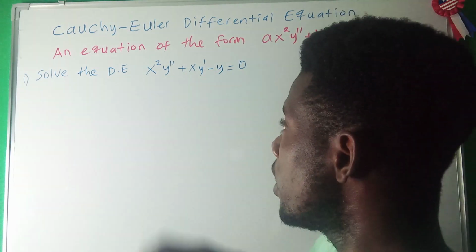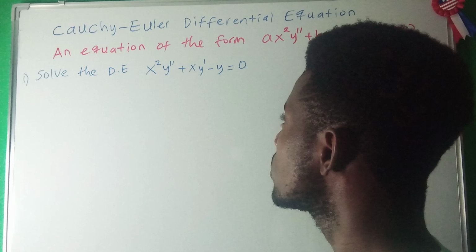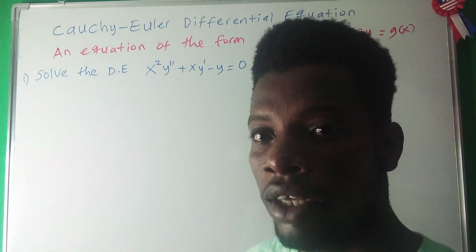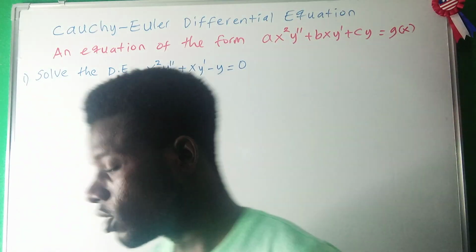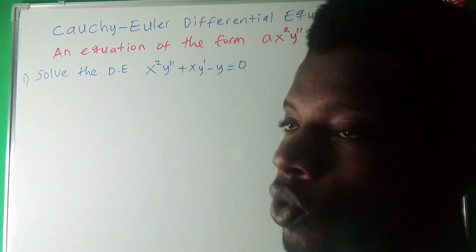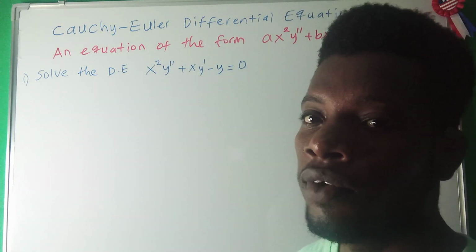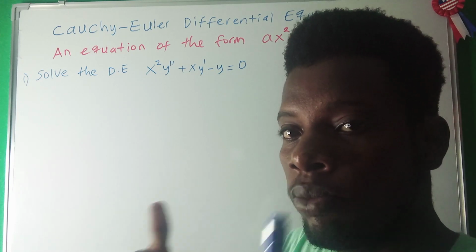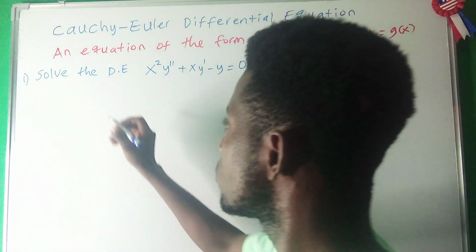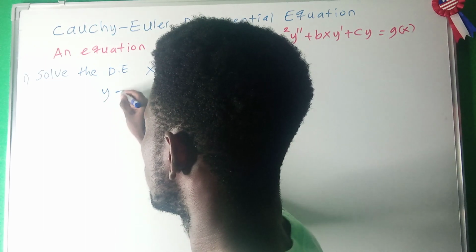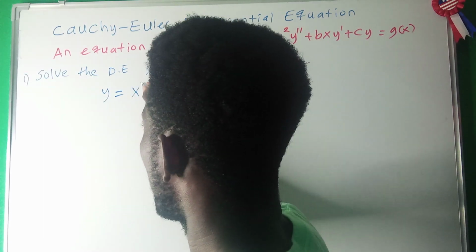Solve the DE x squared y prime prime plus xy prime minus y equal to 0. Now, for this form of the Cauchy-Euler differential equation, you will assume a solution of the form y equals x raised to the power m.